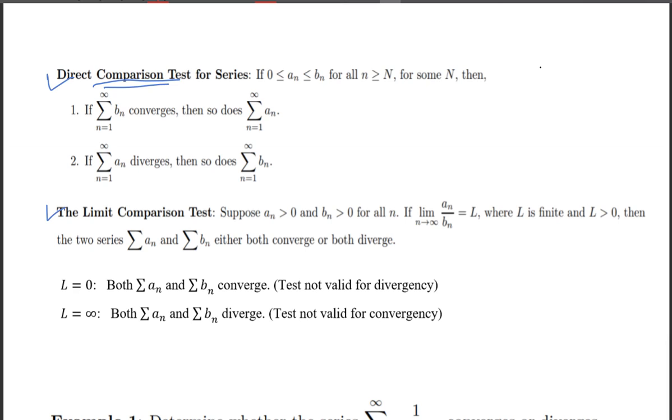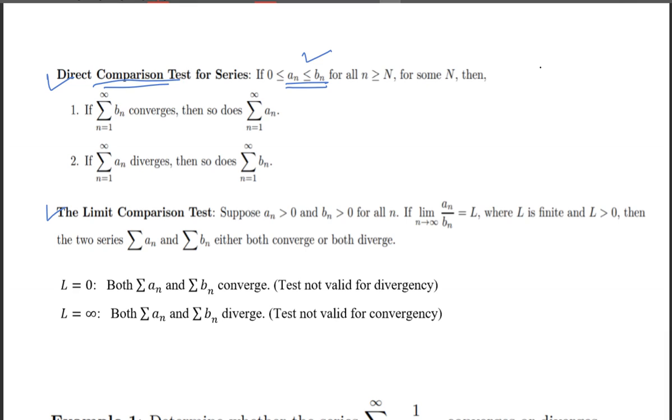In the direct comparison test, an and bn are two series. Out of these two series, one will be known to you, some known series, and you have to test the convergence of the other series, bn or an. Suppose we have an less than or equal to bn.